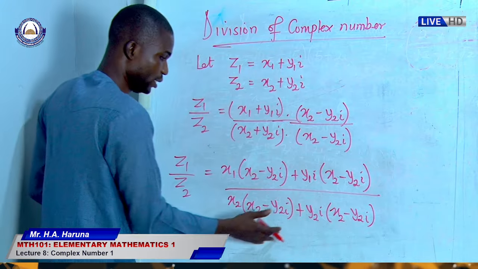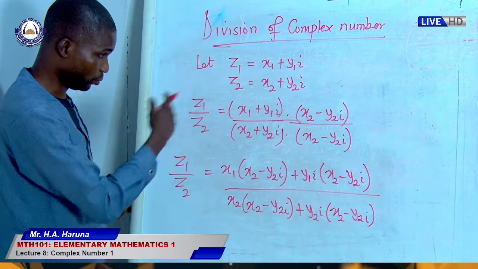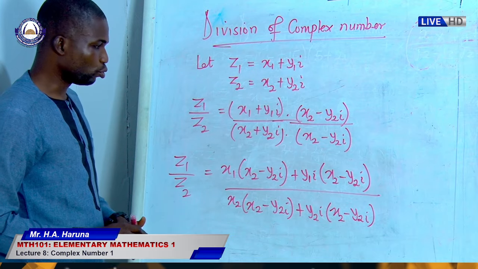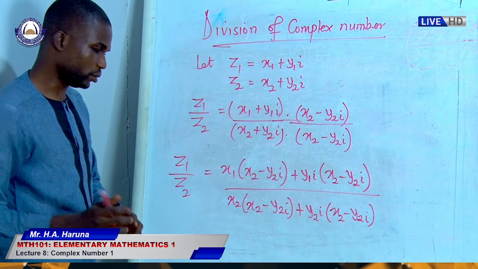Now what I have done here is what I have been doing since we started the class. I did not just want to expand the brackets, I want to do it by distributing it over one another.